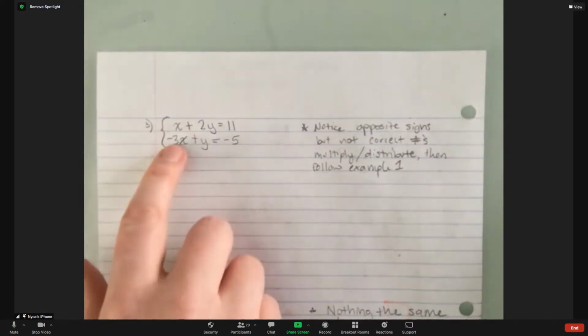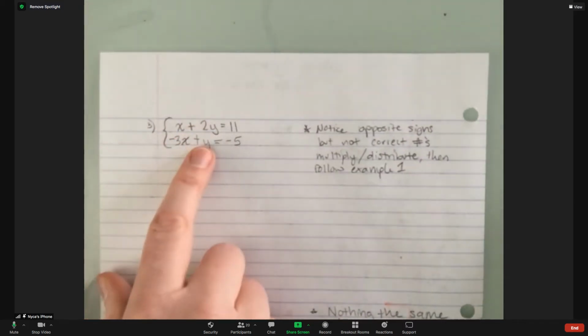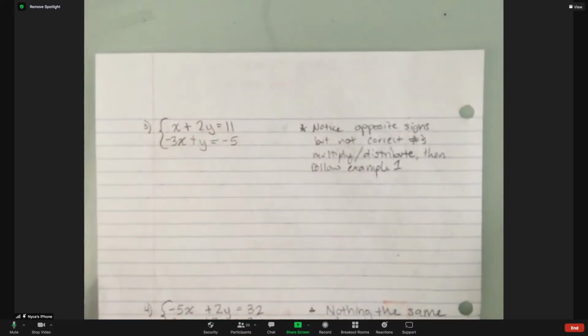Next problem, x plus 2y equals 11, and then negative 3x plus y equals negative 5. Well, what you should notice is the signs are opposite, the signs here are the same, but there's no number either that matches.